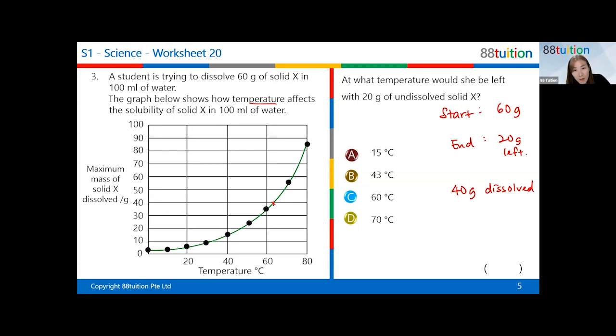So you're struggling to find the temperature between 60 and 80, yes or not? All right. So that's why some of you chose D, right? So answer closest is this. If you ask me, I think this is not set very well. This is one of the school exam papers. I just estimated to closest. Okay, can. All right.